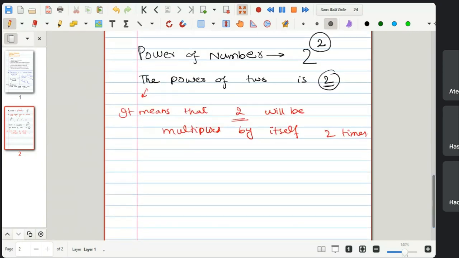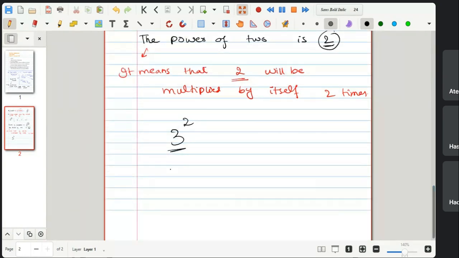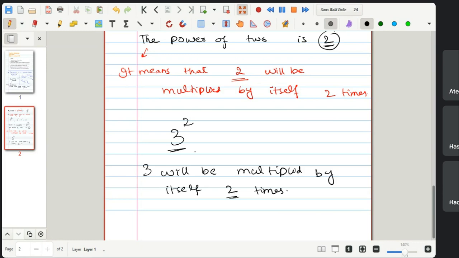Actually, if we see a number in this form like 3 raised to the power 2, we will say that the number is 3, and this 3 will be multiplied by itself 2 times. This is the meaning of this thing.